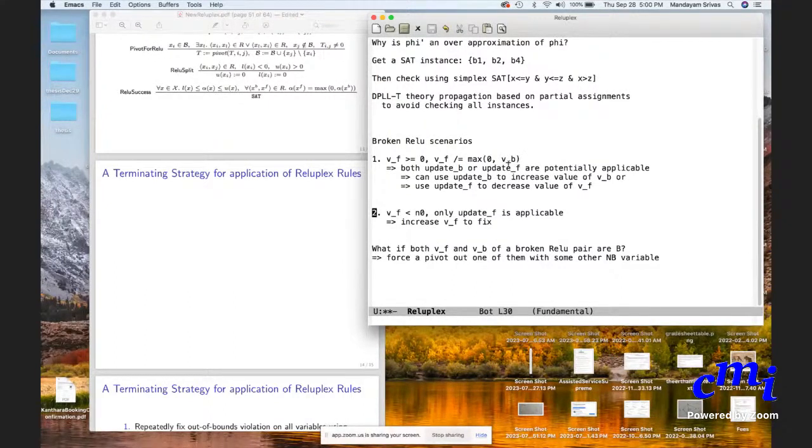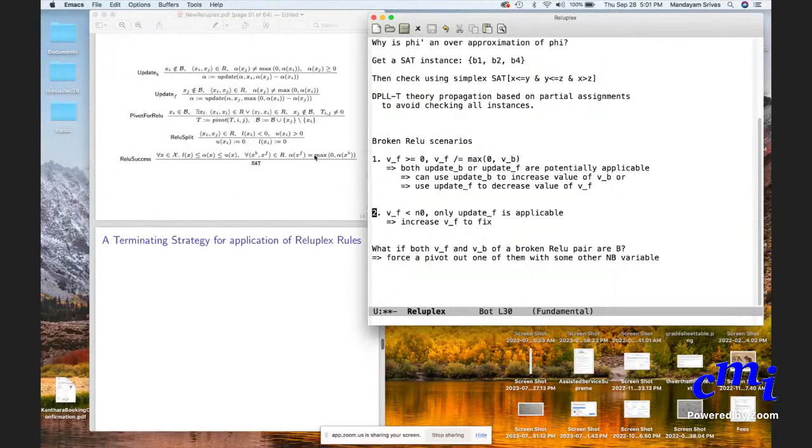If max of 0 and VB is not equal to VB, then you can either bring down the output variable or increase the input variable. So you will be able to apply either update F or update B.